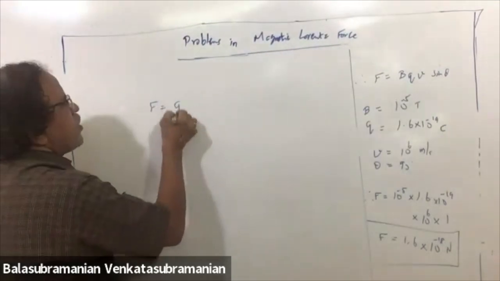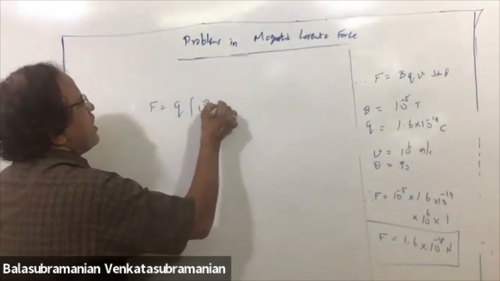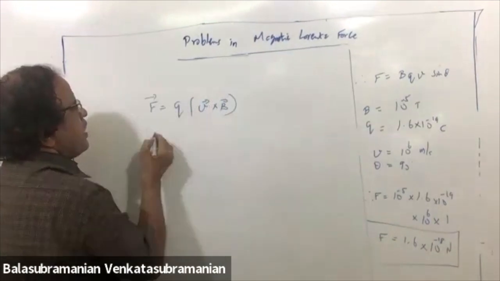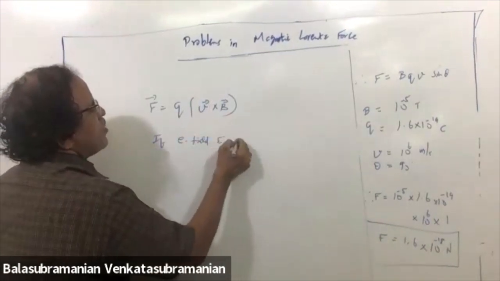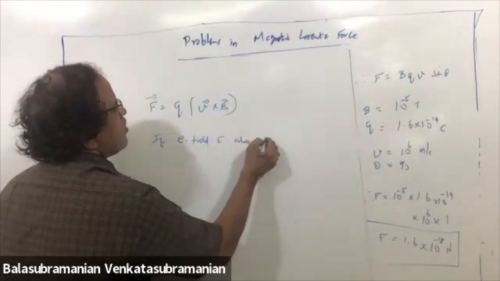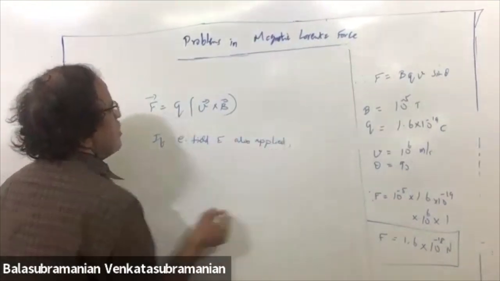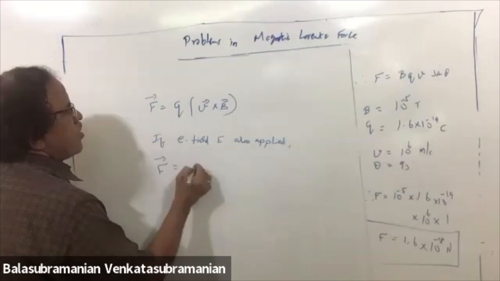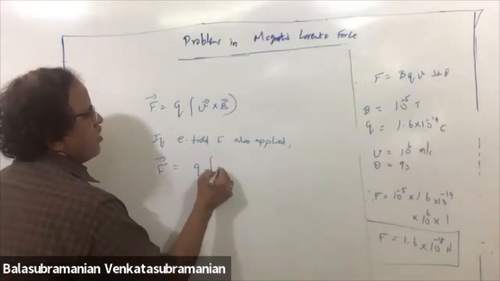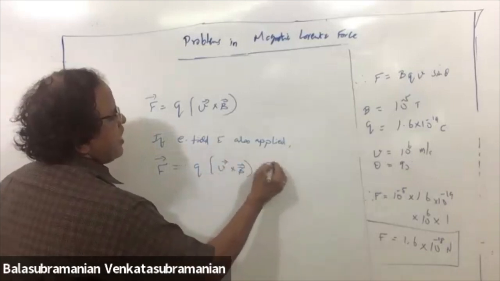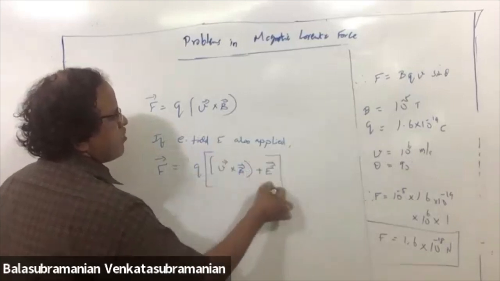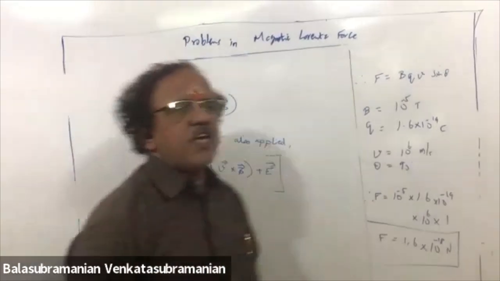The general formula is Q into V cross B. If an electric field E is also applied, then F is equal to Q into (V cross B plus E), because the force is EQ.